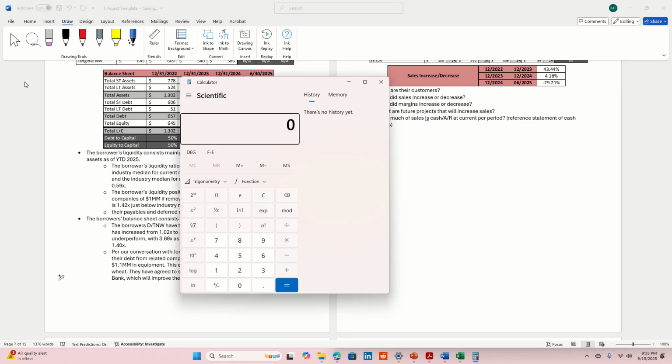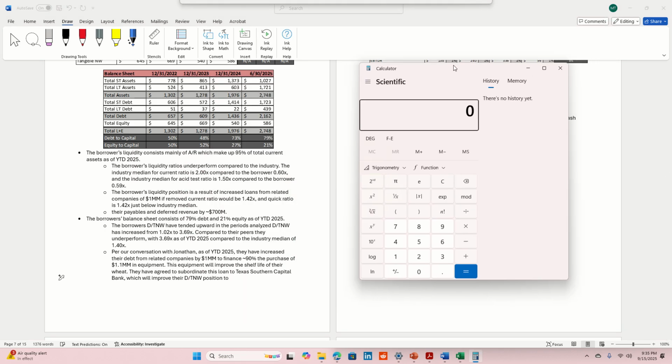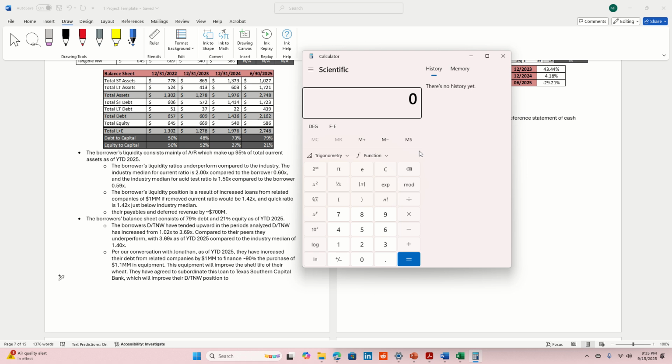And hopefully you guys paid attention in class. We are going to add that $1 million in debt to our equity position, not because it's debt or not because it's equity, but because when they subordinate that debt to us, they cannot be repaid until we say that they're repaid. So essentially, it operates more like preferred equity than it does like a loan, right?